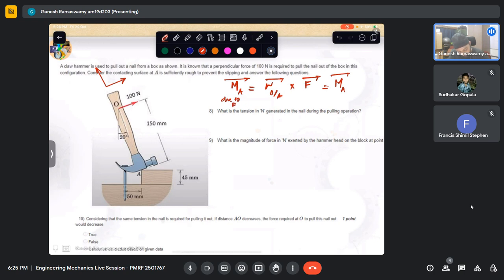Let me call this F. Is also equal to 50. This has to be equated to the moment due to the nail.